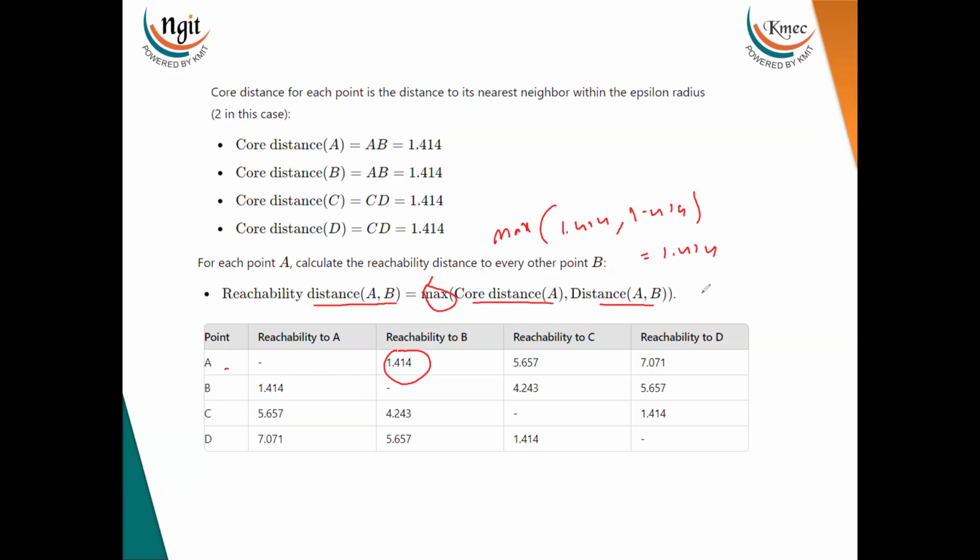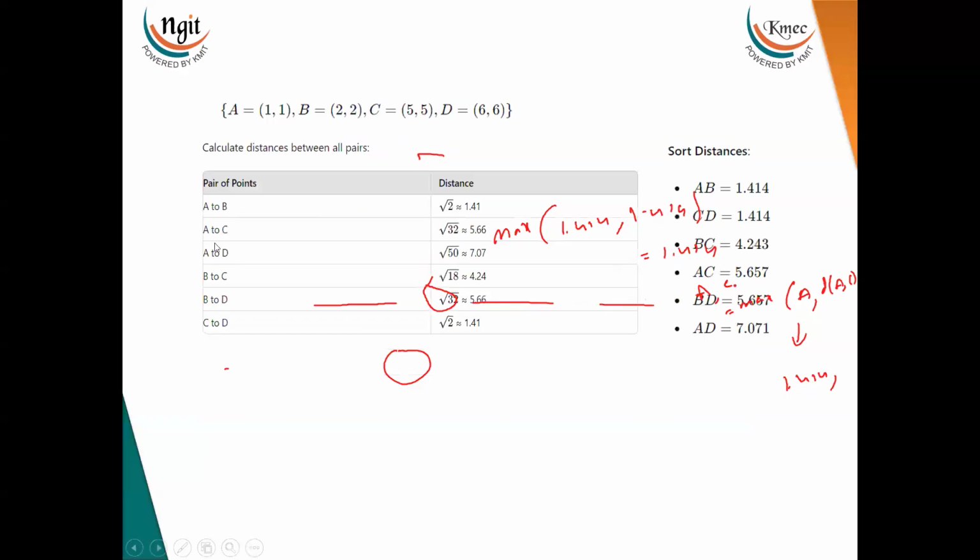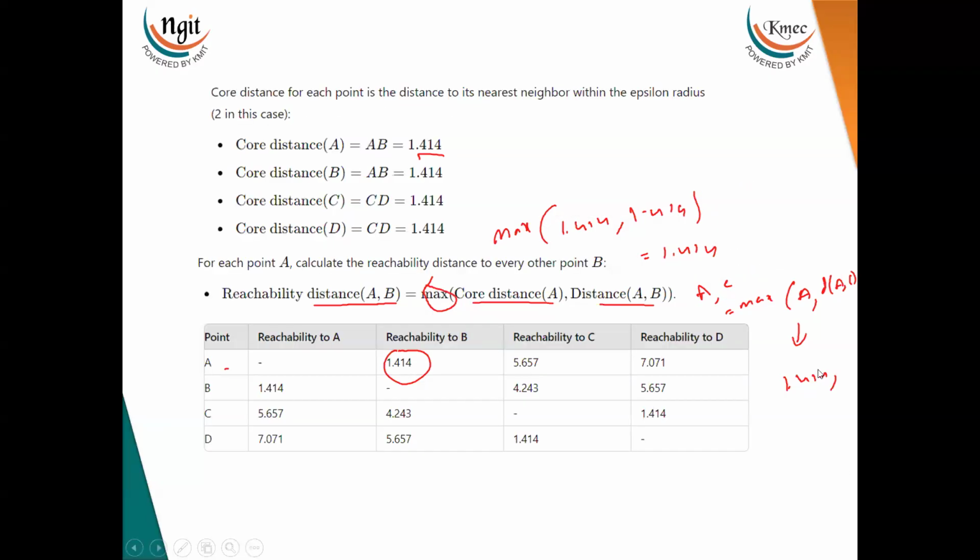In a similar way, we have to calculate the reachability distance from A to C. For that, we'll consider the core distance of A as well as the distance from A to C. What is the core distance of A? It is 1.414. And what is the distance from A to C? Let's see from the previous table. The distance from A to C is 5.66.